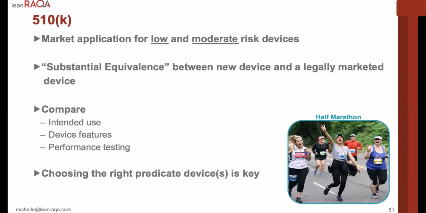You need to compare intended uses, device features, and performance testing. And choosing the right predicate is the key, because you want to have as many same or similar elements as possible to base that substantial equivalence determination on.